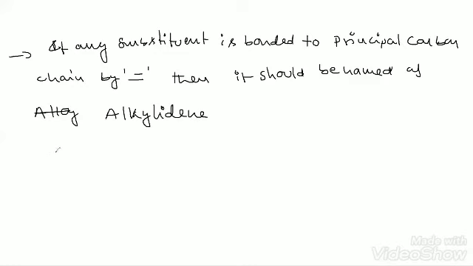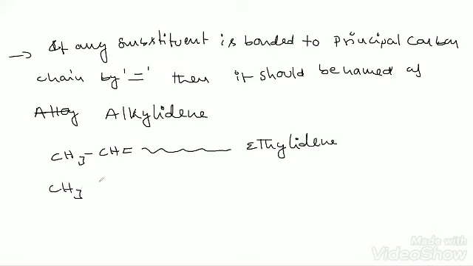For example, if I have a substituent CH3CH double bond, and this is linked with the parent chain, then this is called ethylidene. Similarly, if I have CH3CH2CH double bond, and this is linked with your parent chain, then this is called propylidene.